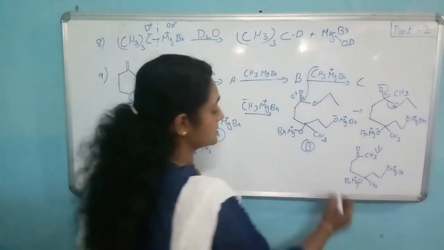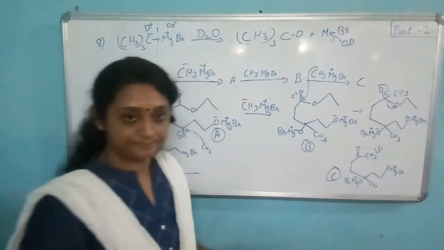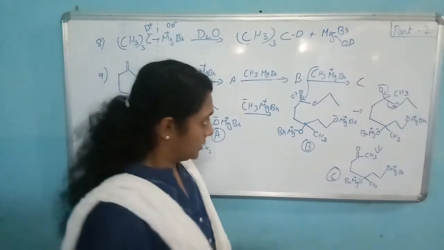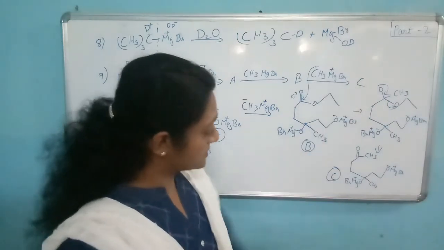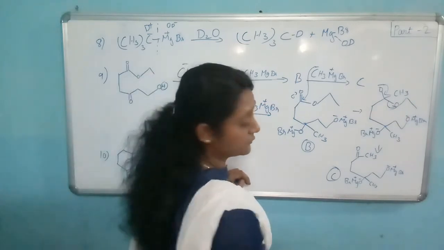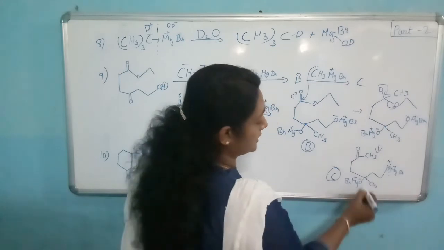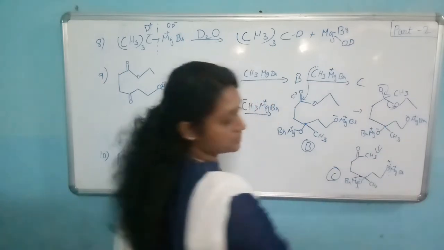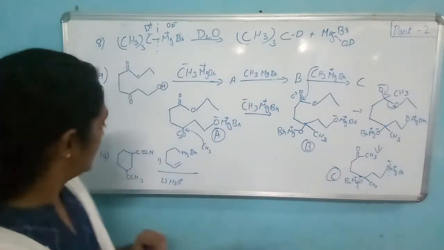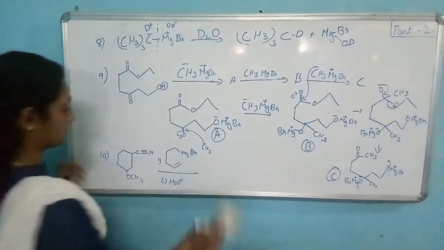Okay, this is the C product. Then after hydrolysis is given to C, what will be the product? This becomes OH and here also OH.